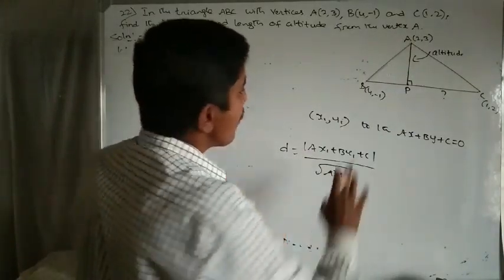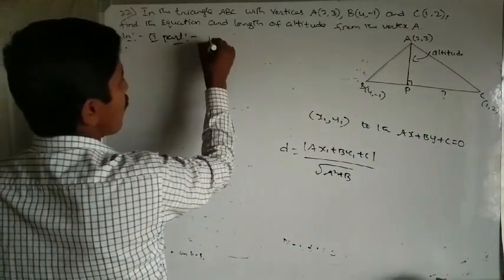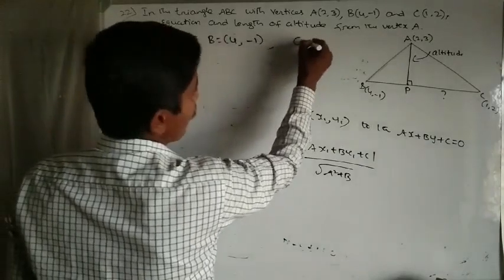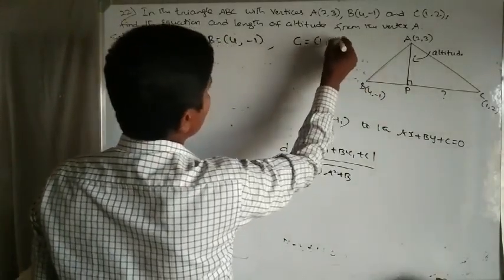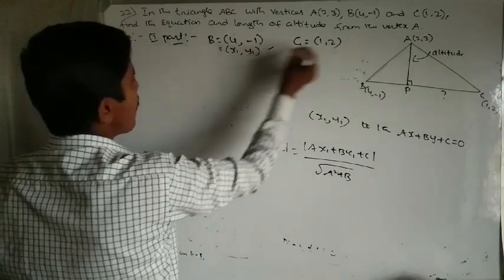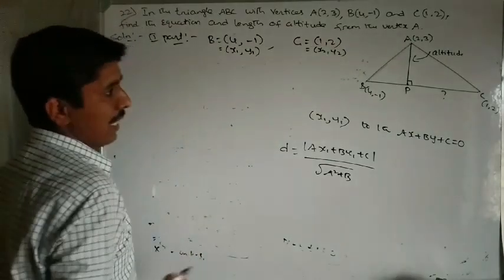Now I am taking B equal to (4, minus 1) and C equal to (1, 2). B point coordinates I am taking as x1, y1, and C point as x2, y2.